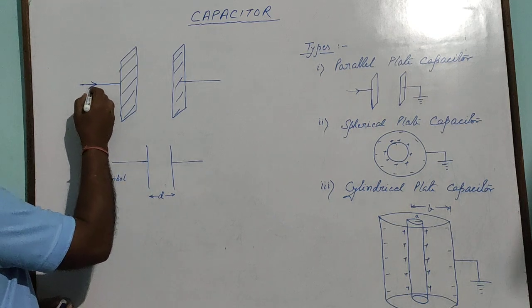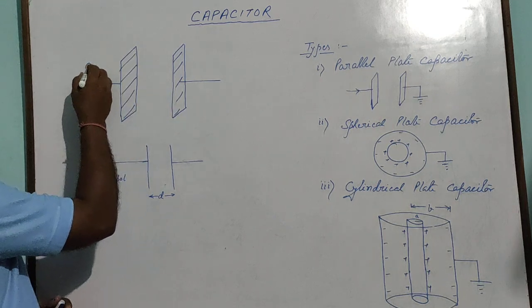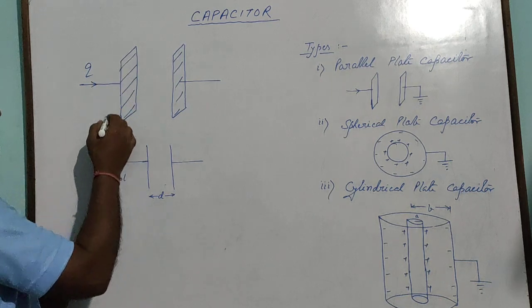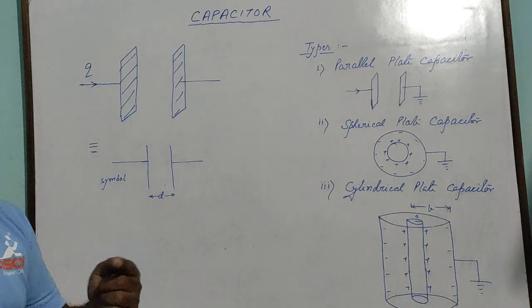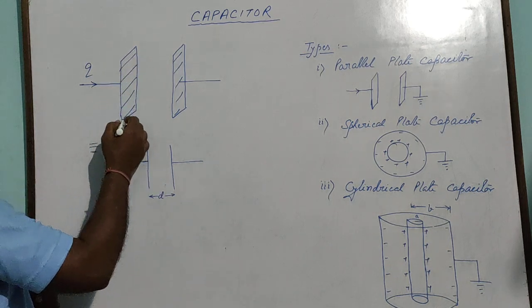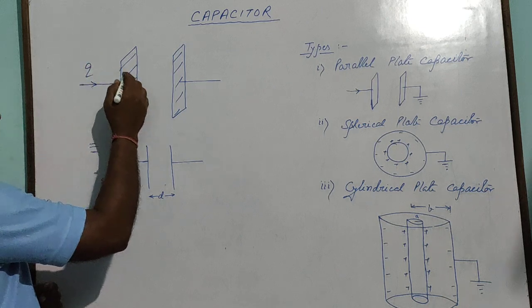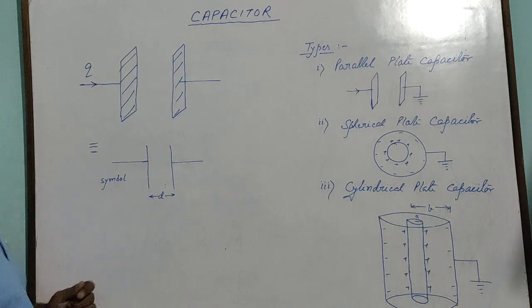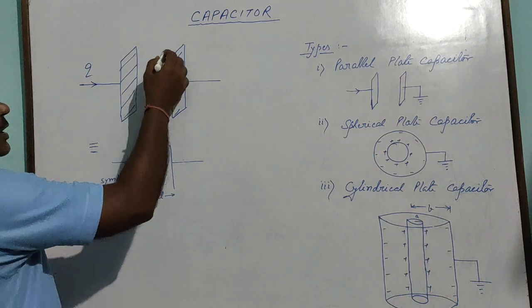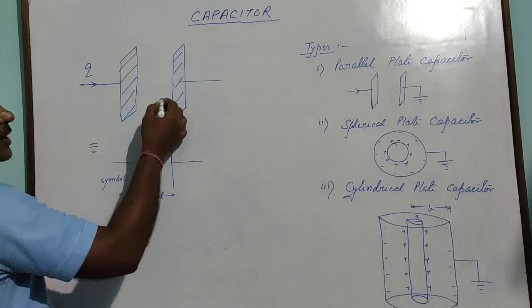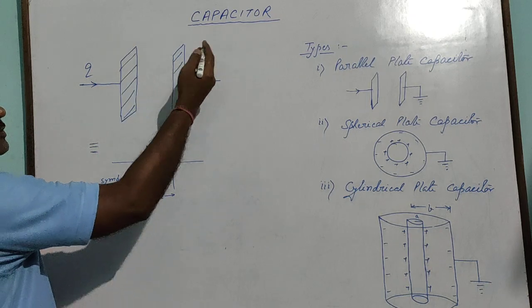When we provide charge on any of the plates, the charge will reside at the surface, as we have discussed earlier. So charges will acquire on this plate, but this plate is at a distance from the first one. So from induction, if it is positive charge, the negative charge will shift here and the positive charge will go to that side.